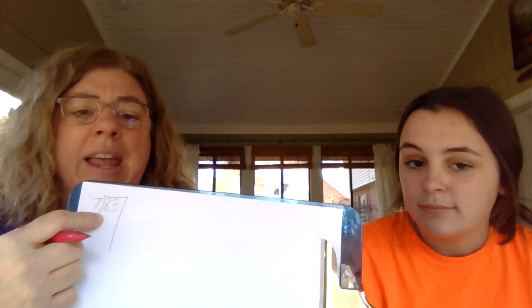So on my paper, I'm going to be writing 83 divided by 7. So I have it all ready to go, set up like partial quotients. And I'm going to solve my problem. And I see that I have to have how many times 7 can go into 80, because the value of my 8 is 80.